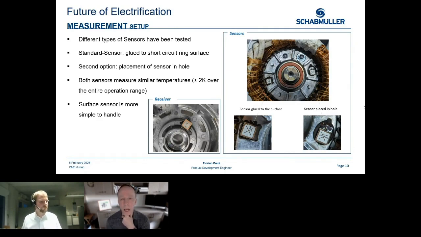Another one here, Florian: from your model and simulation capabilities, are you able to estimate motor lifetime expectations in specific ambient temperatures and working cycles?